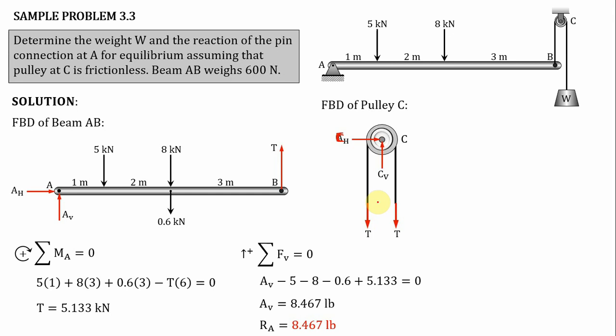Okay, class. We know already, class, that the tension force T is equivalent to 5.133 kilonewton. If we draw the free body diagram of the crate, this is our crate, and this is the weight going downward.